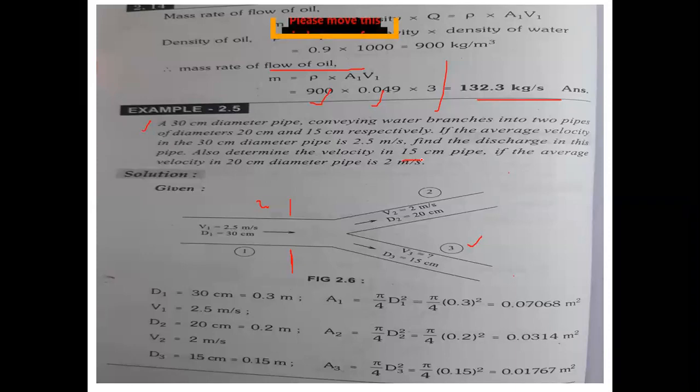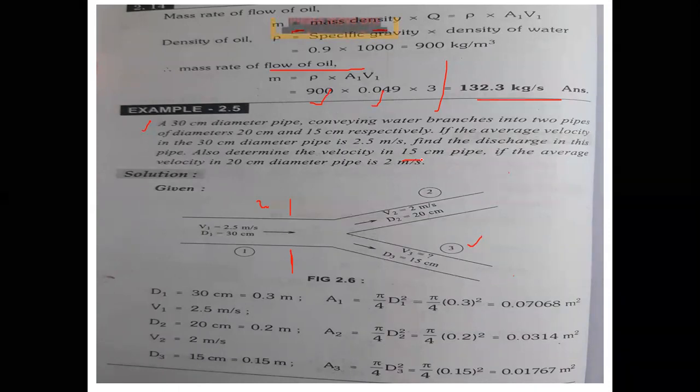So what is the question saying here? In order to find the velocity in D3, that is 15 centimeters, we also need to find the area and the average velocity of the pipe.